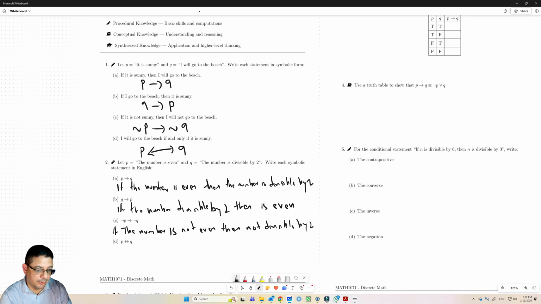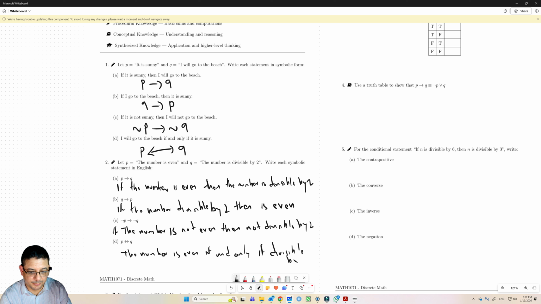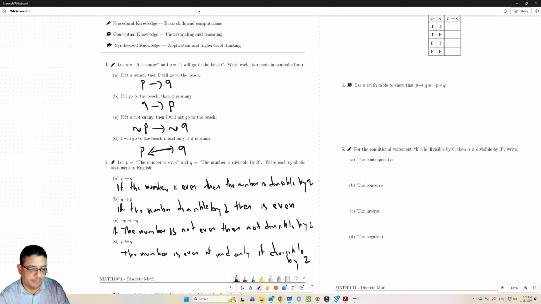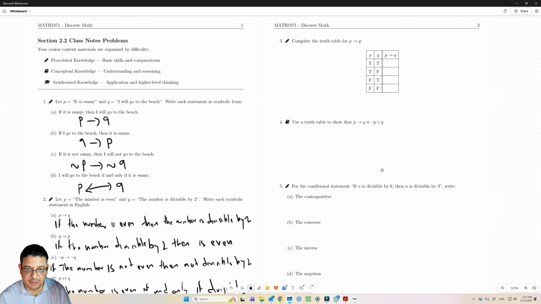P equivalent to Q will be: the number is even if and only if it is divisible by 2. Notice that I'm shortening my sentences a little bit, but you can write the sentences completely if needed.